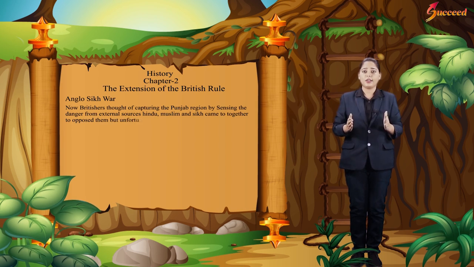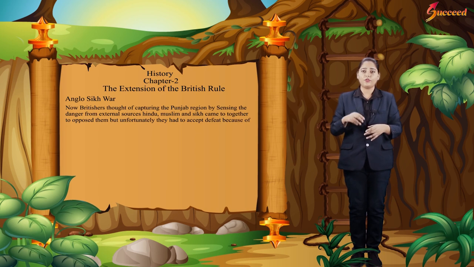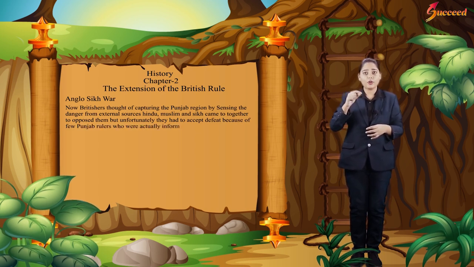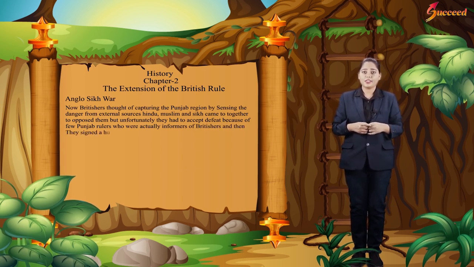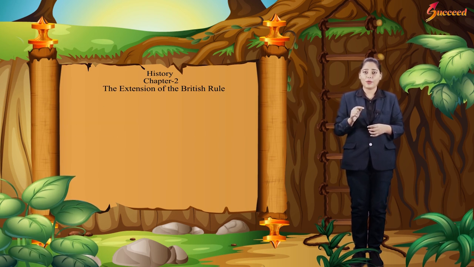But unfortunately, they had to accept defeat because a few Punjab rulers were actually informers of the British. And then they signed a humiliating treaty, and this way Punjab became a dependent state of the East India Company.